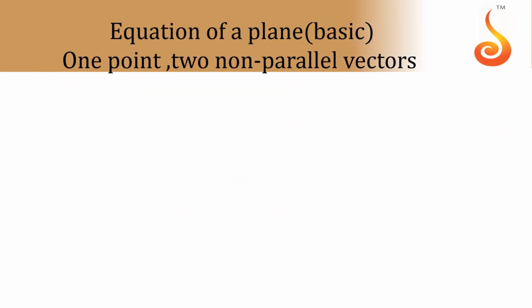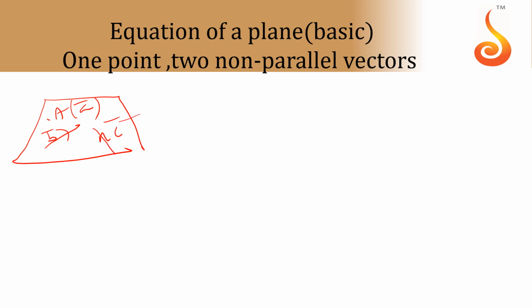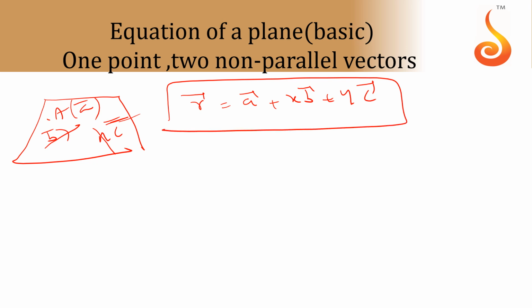Now equation of a plane, basic form. That is, basic form contains one point and two non-parallel vectors. r bar equals a bar plus x b bar plus y c bar, where x and y are parameters.